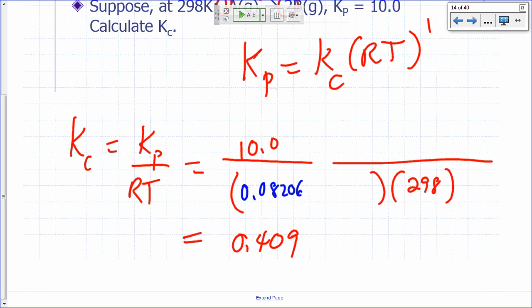Now, if you are doing Kp in terms of bars, which is the modern way of doing it, then you divide by 0.08314. That would be liter bar instead of liter atmosphere per mole Kelvin. Okay, but like I said, we're just going to stick with atmosphere since your book does that. So you use 0.08206.